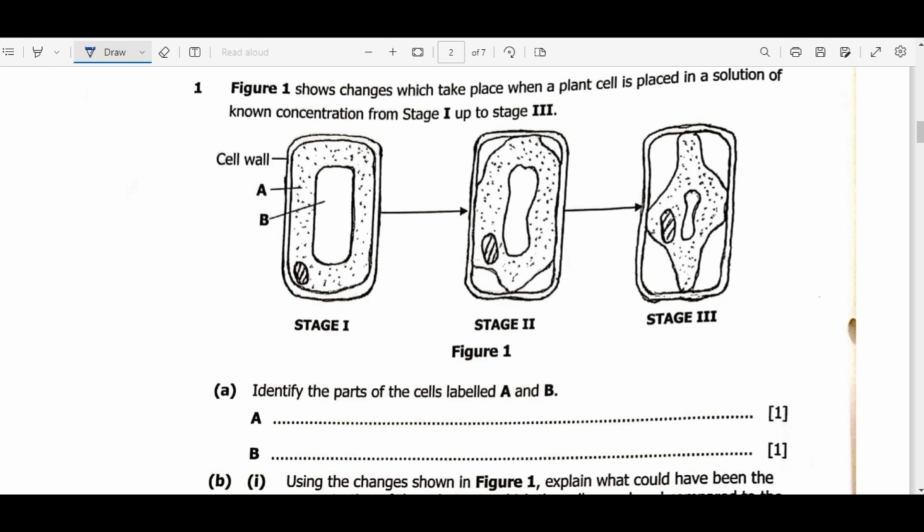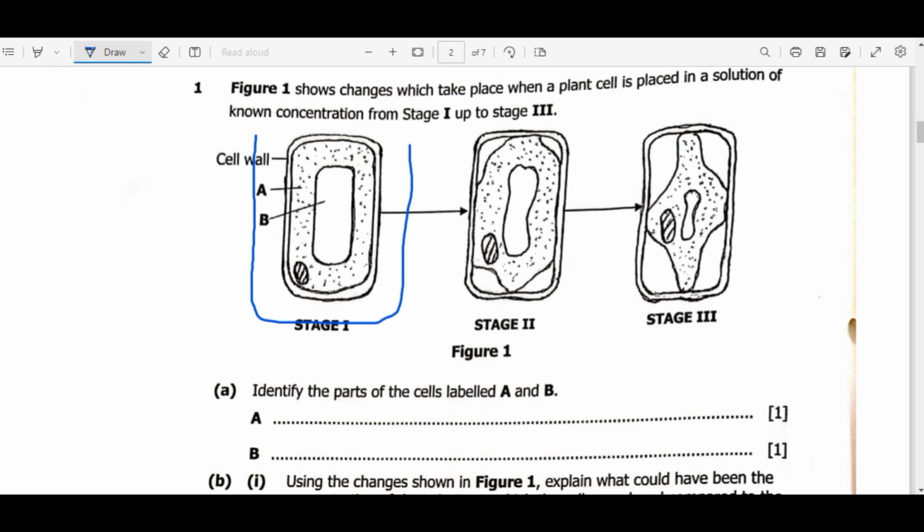Now, if we look at stage 1, based on the structure, we can tell that the cell is in its original state. The reason why we are saying it is in its original state is because the parts are fixed. They are there in their original state.